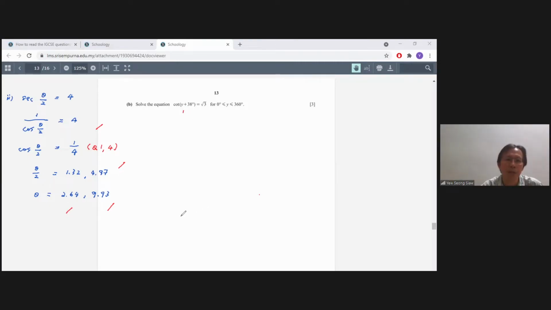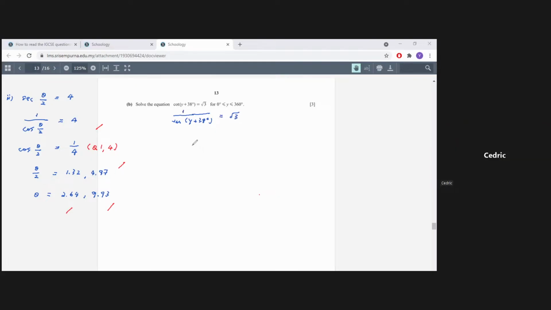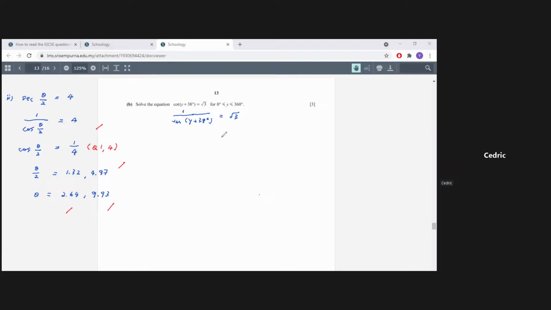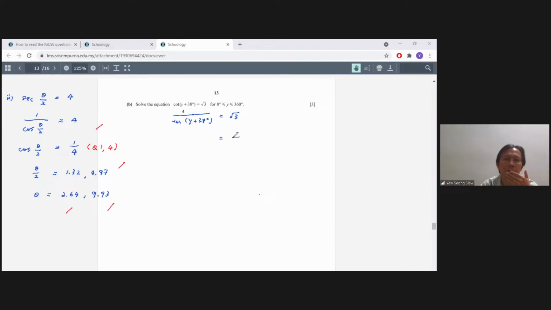So it's 1 over tangent equals to 3. Next. Then tan of y plus 38 equals to 1 over surd 3, right? Yeah, 1 over surd 3. This one is tangent.